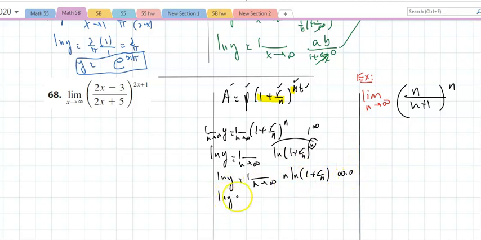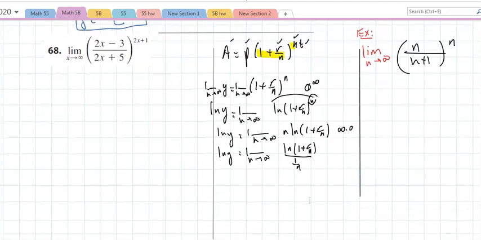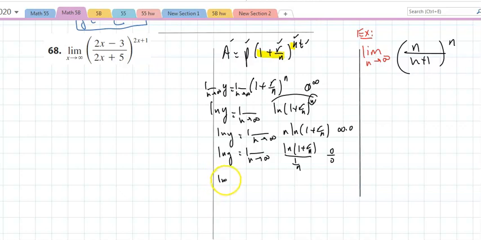So natural log of 1 would be, actually, as n approaches infinity, that was 1 to the infinity. My mistake. Natural log of 1 is 0. So this is the limit as n approaches infinity. We never touch a log, whether I'm integrating, which is the next chapter, or I'm taking a limit. And I notice here that this is now 0 over 0. Natural log of y equals, by L'Hopital, the limit as n approaches infinity.